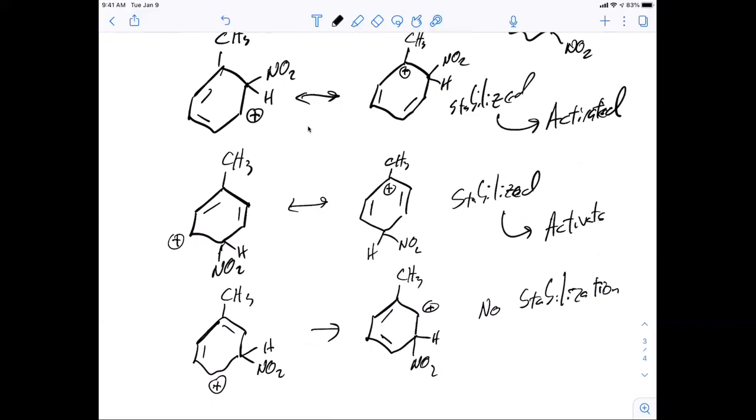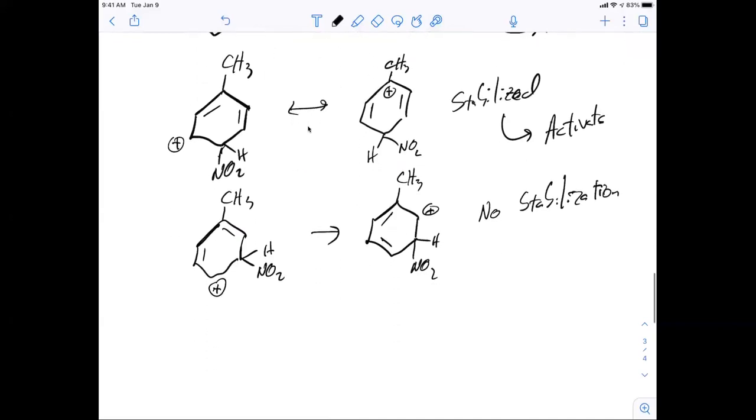There's no stabilization because I can't get a resonance structure with the positive directly next to the electron donating group, right? So they can get hyperconjugation from the methyl to help stabilize that carbocation. So that's what we looked at on Tuesday.